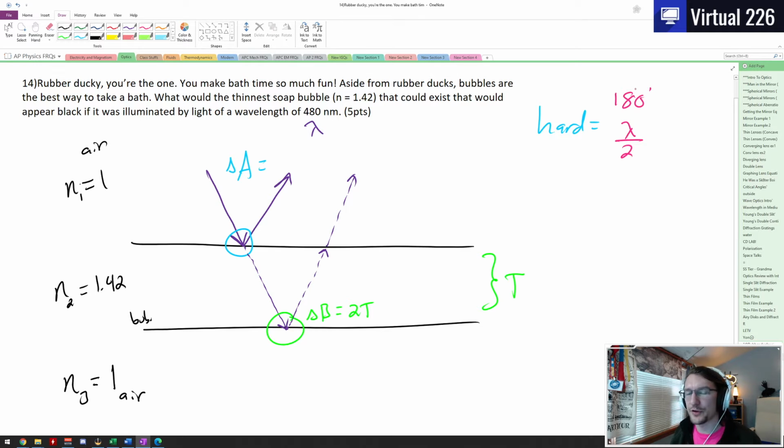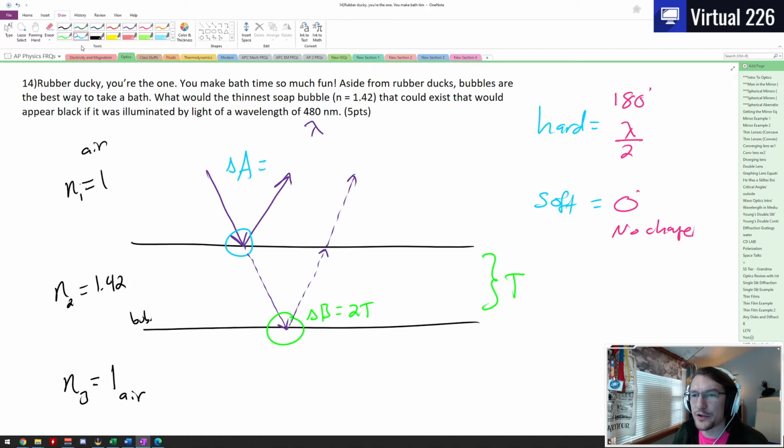A full wavelength from start to finish is 360 degrees. It's like going around the circle. If we go halfway on the circle, that's 180 degrees, or lambda over 2. A soft reflection does nothing. It gives no phase change, 0 degrees, no change.